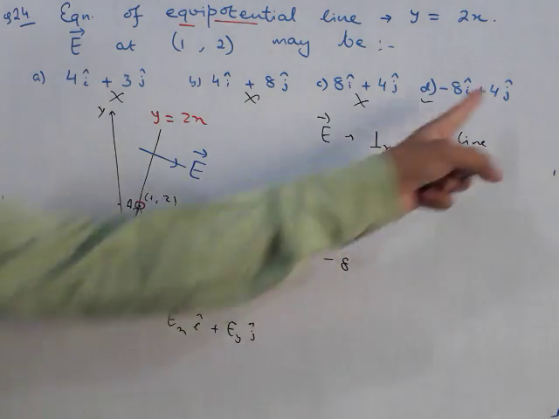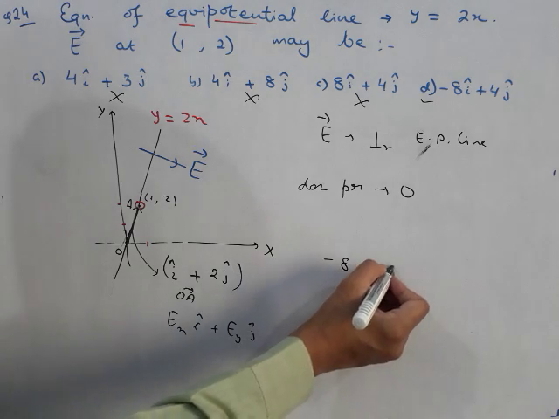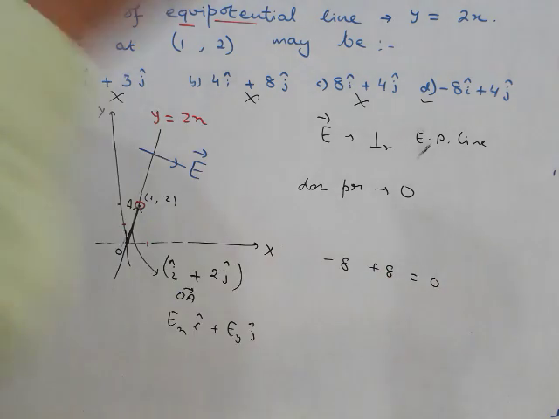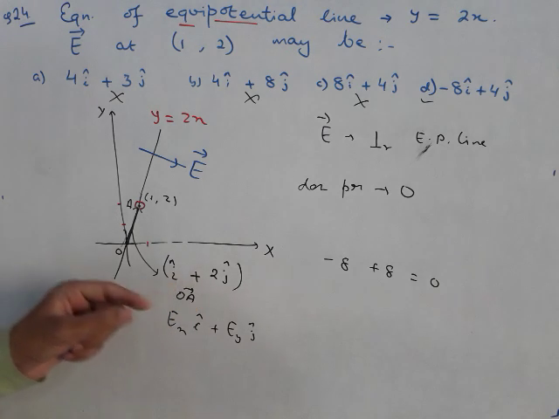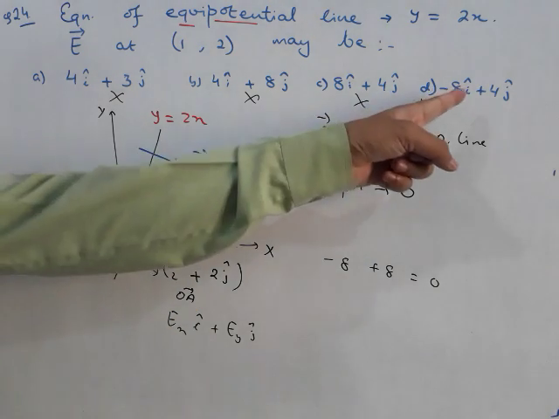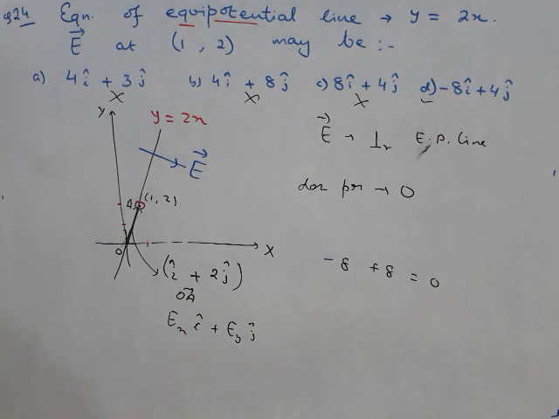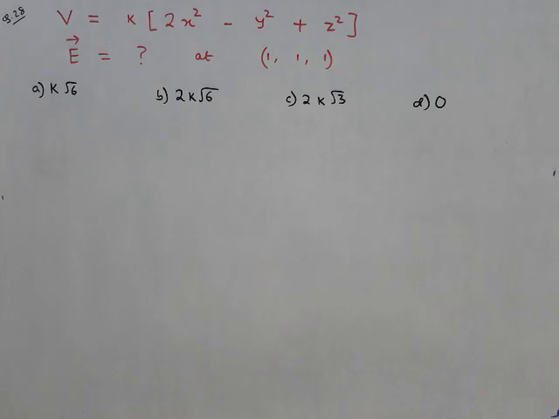Then we have 4 into 2, that is plus 8, and this comes out to be 0. That means this vector and this vector are perpendicular. So that is what we needed. Therefore this can be the possible value of electric field. So which concept are we using here? Here we are using the concept that electric field direction must be perpendicular to the equipotential line. Let's see next question. The next question is very important, students.